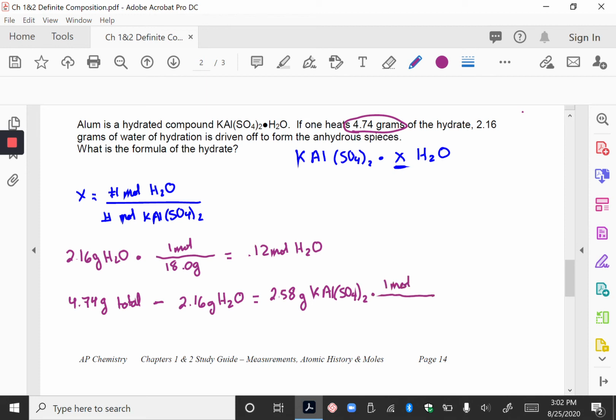1 mole of my anhydrous is 258.2 grams. And this gives me 0.009991 moles of my anhydrous.